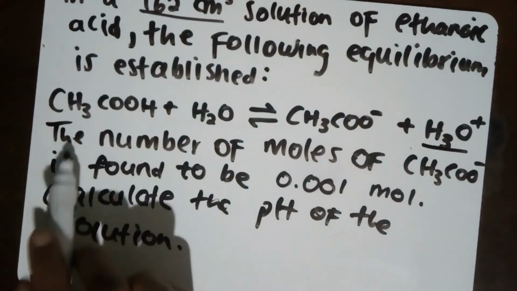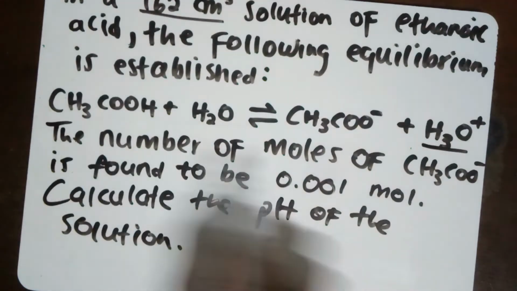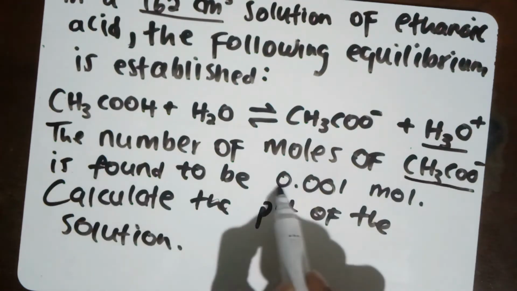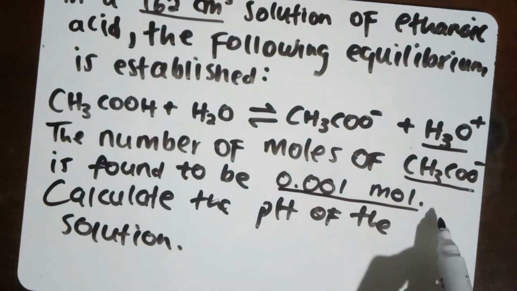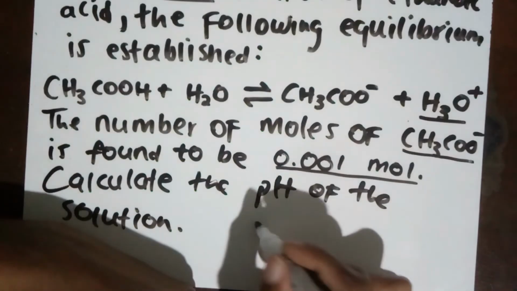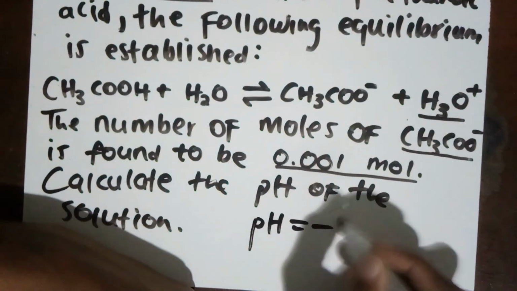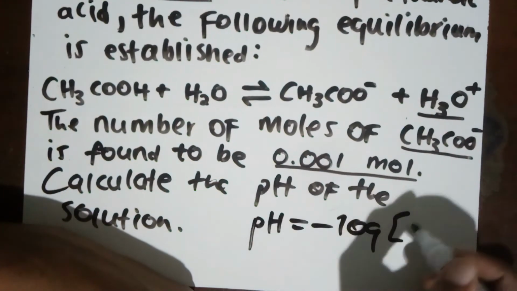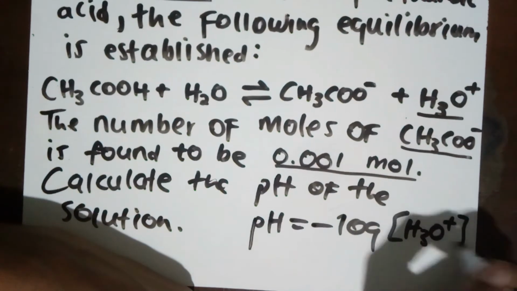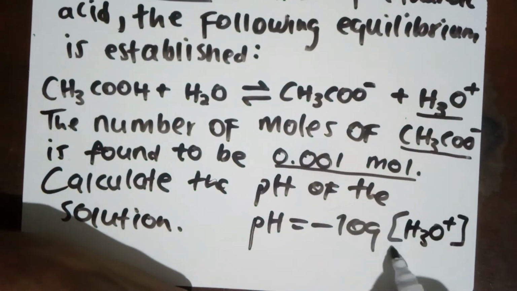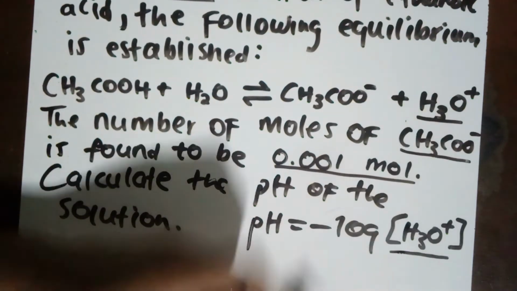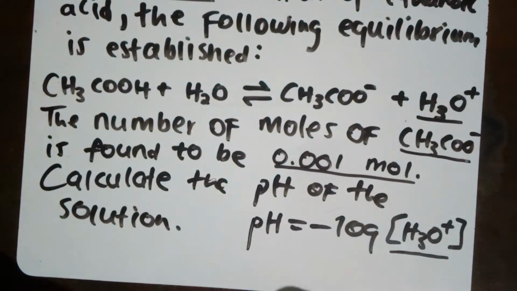Then the number of moles of CH3COO minus is found to be 0.001 moles, and we have to calculate the pH of the solution. Remember, to calculate the pH, we simply use the negative log of the hydronium ion concentration. We're not given it, which means we will have to calculate it first.